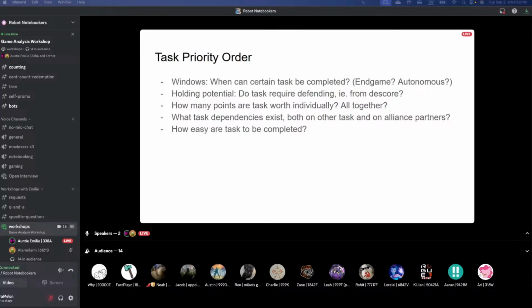So, just something worth noting and thinking about when you're establishing your strategies and what you are wanting your robot to do. And this, again, I've already mentioned, but how easy are tasks to be completed?